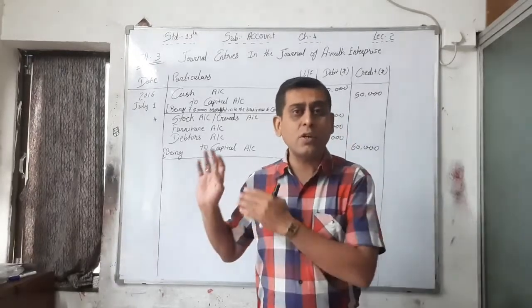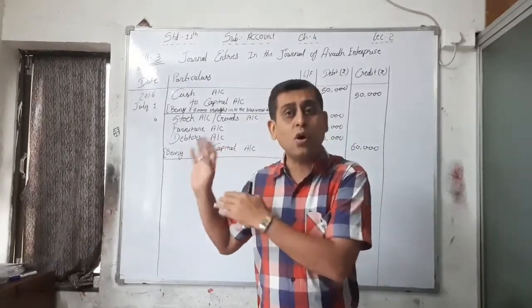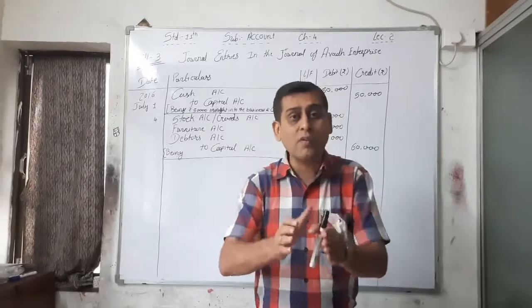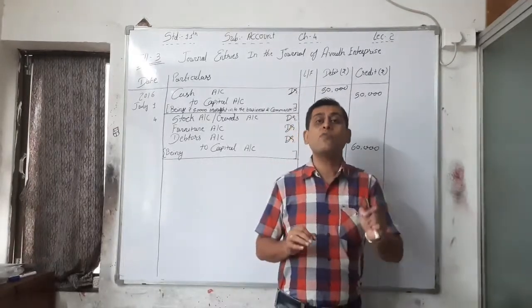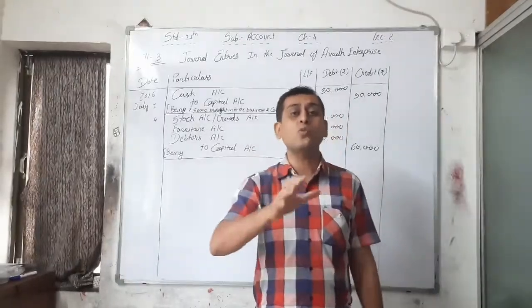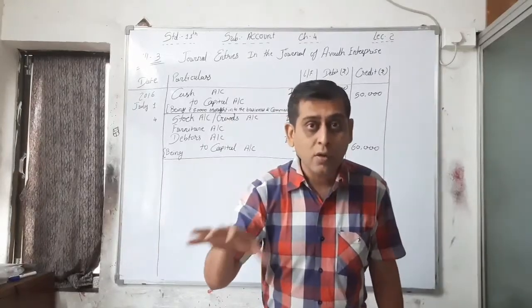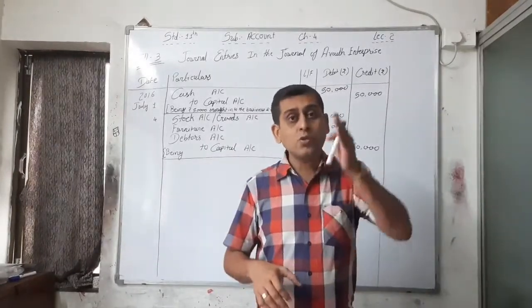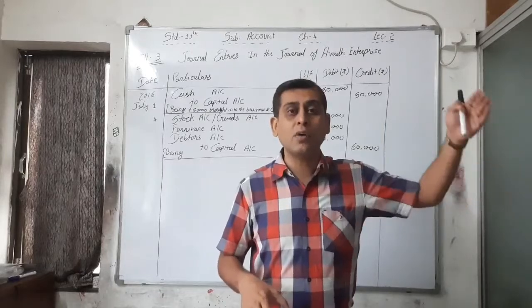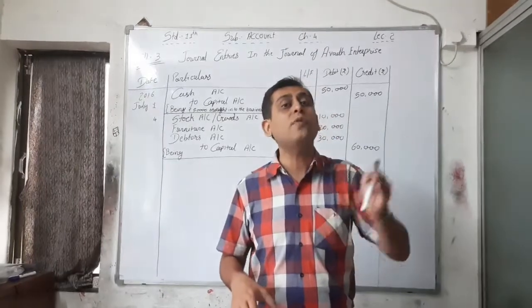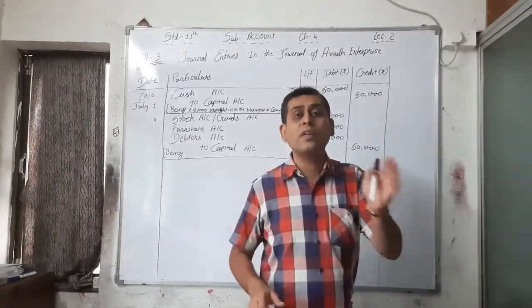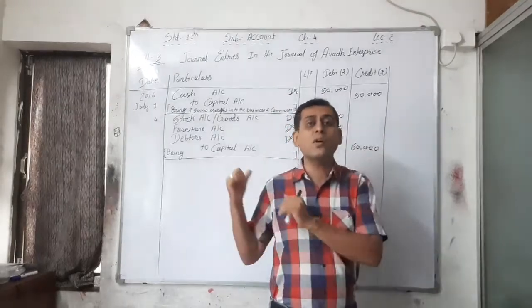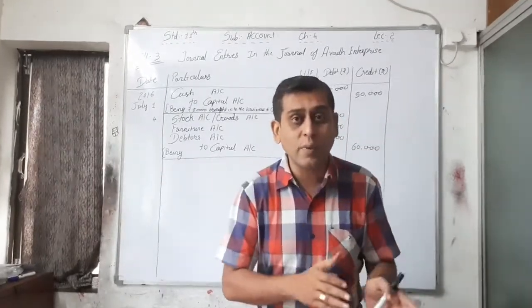Whatever I do personally in my house or outside the business, I don't have to write into my journal entry, into my business book. Right. So here the owner sold his personal bike of 20,000 for 15,000. Whatever they are doing doesn't matter to their business.